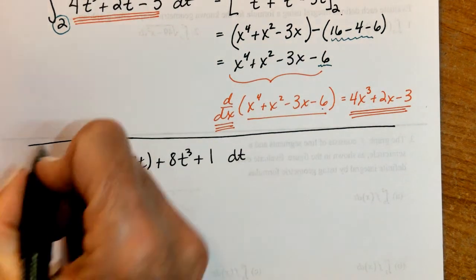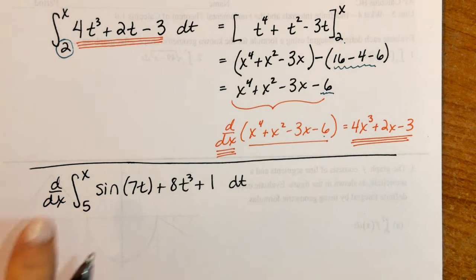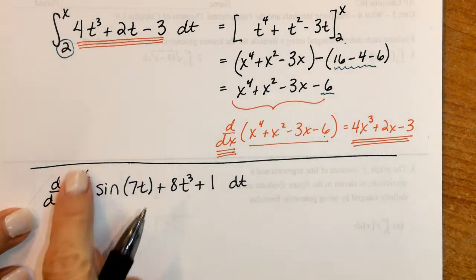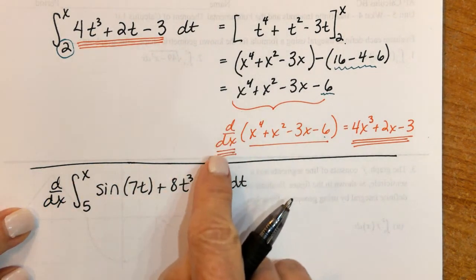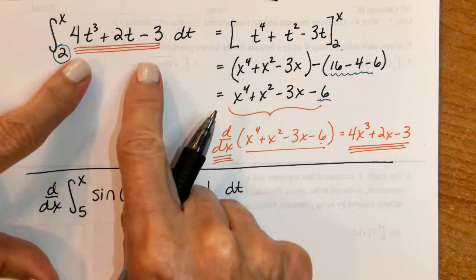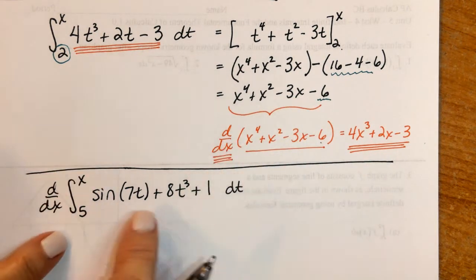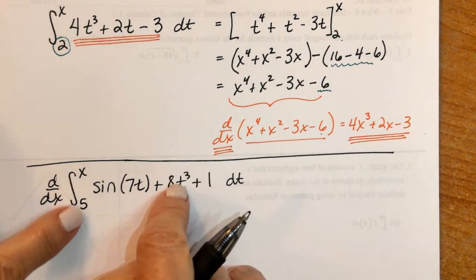But I'm going to go ahead and take the derivative of that all together. So we're taking the derivative of this integral, okay? The derivative of that definite integral, just like we did here. We found the definite integral, then we took the derivative of it. So let's apply what we just learned.